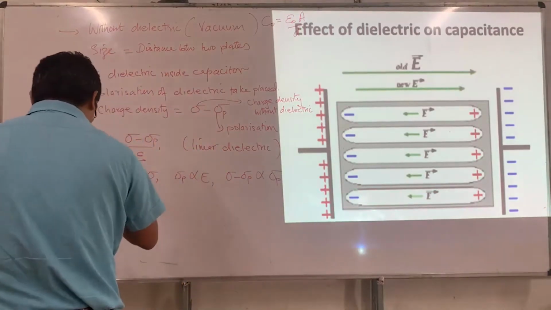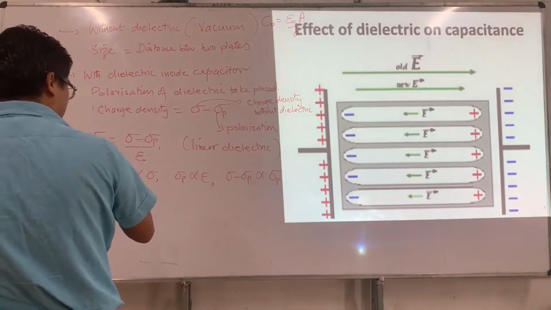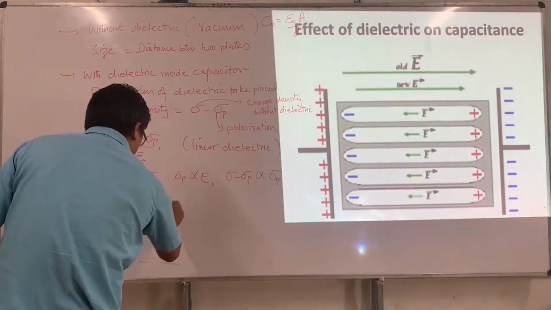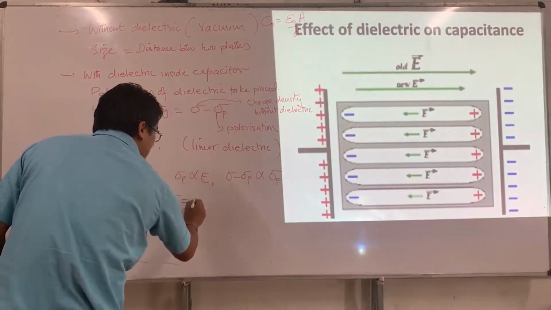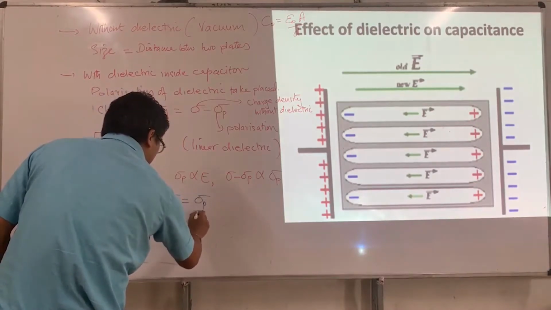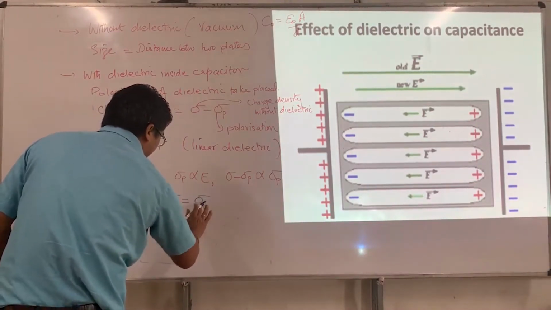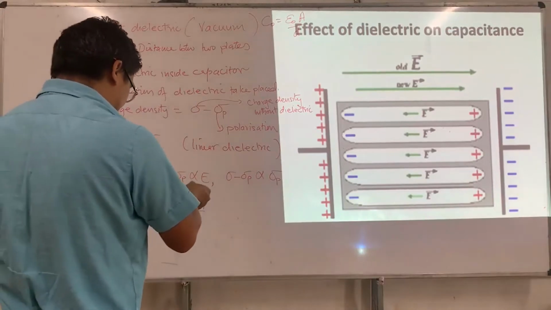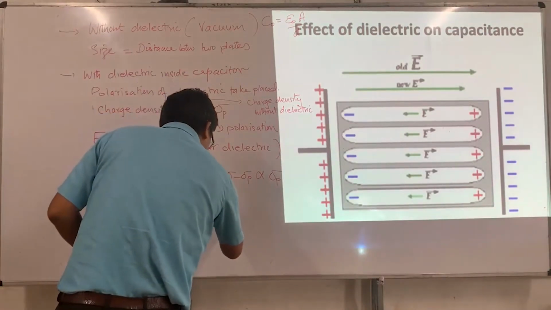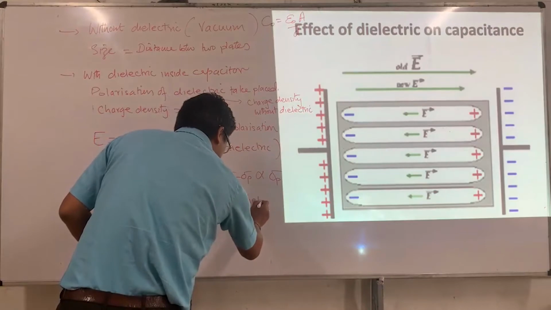Therefore finally what we get is sigma minus sigma p equals sigma divided by K, where K is the dielectric constant. What is K? K is the dielectric constant.